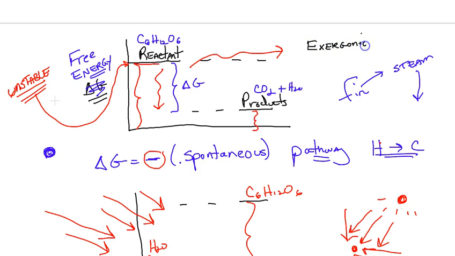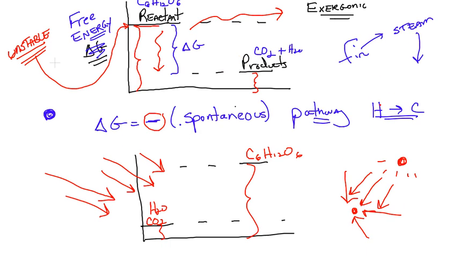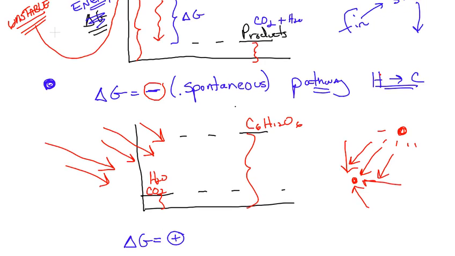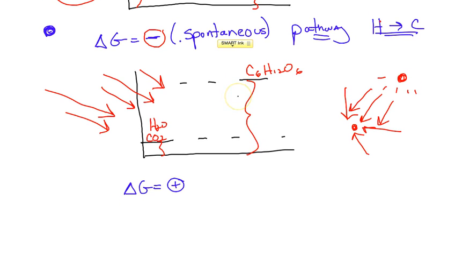That means we've released the free energy, started with a very unstable high energy and became stable. Exergonic reactions are always spontaneous, and that means that delta S, entropy, has increased. This one, because we're starting low and going high, is endergonic, I should say. Needs energy. All right? So very important.